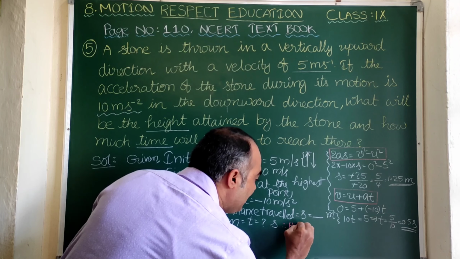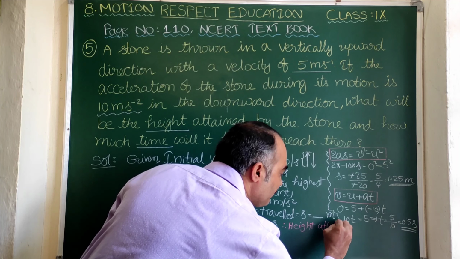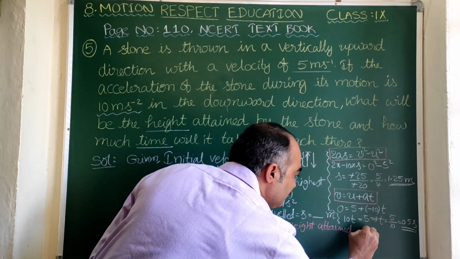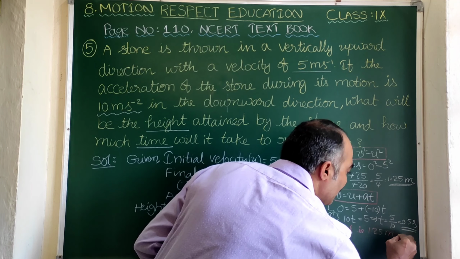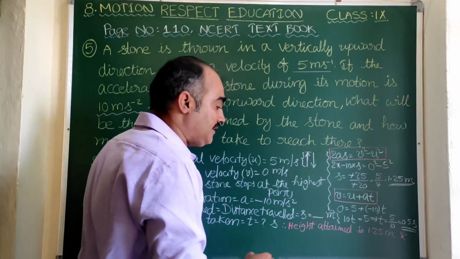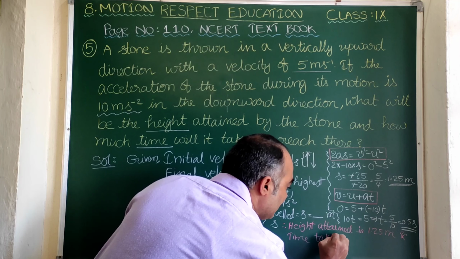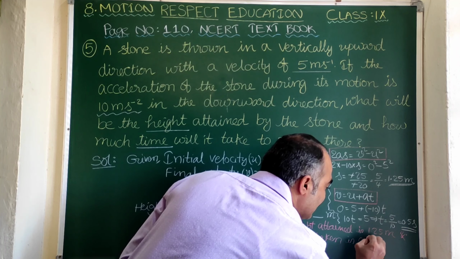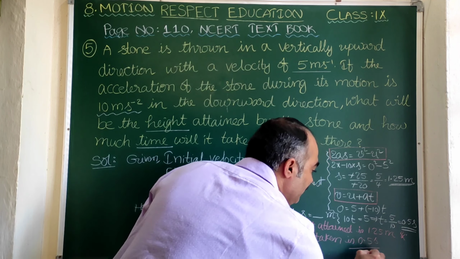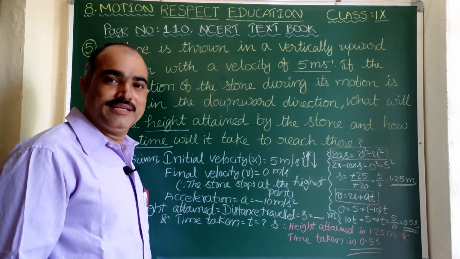Therefore, height attained is 1.25 meters and time taken is 0.5 seconds. With this problem number 5 gets completed.